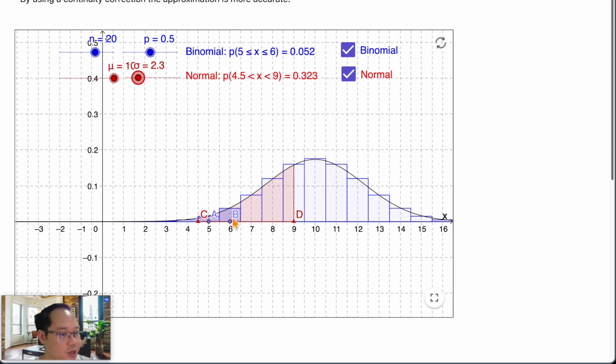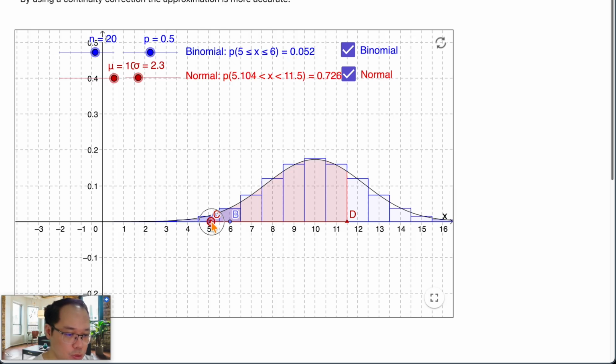So this is a very good approximation. Here I can move the region. For the binomial distribution, I have the probability of getting values from 5 to 6, including both values 5 and 6, lower bound and upper bound. This probability is 0.052.